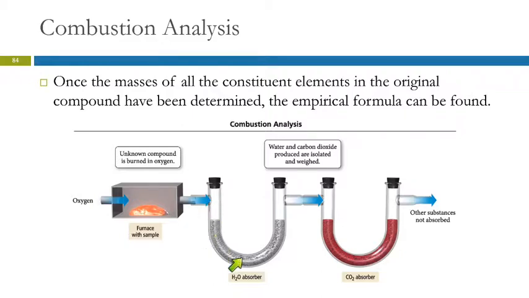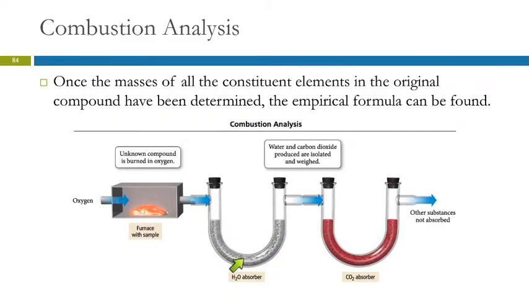So we have a trap here, a tube containing a substance that will absorb water. You weigh the tube before this starts. As this combustion occurs, there's a stream of oxygen going through, so all the water given off is forced to go out this way. It comes through this tube, and it gets absorbed.